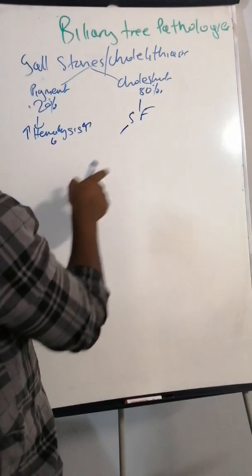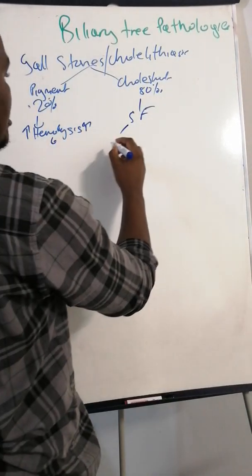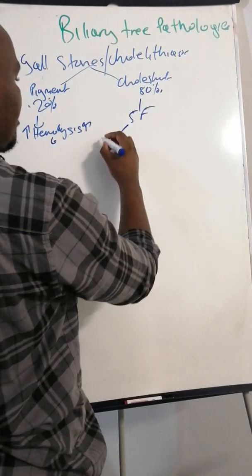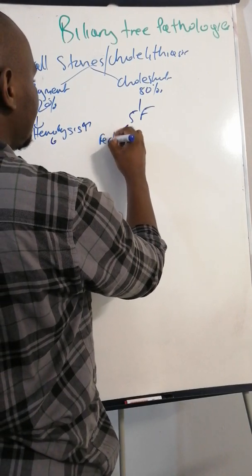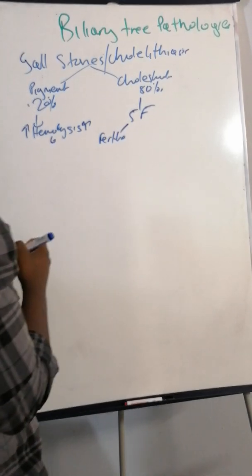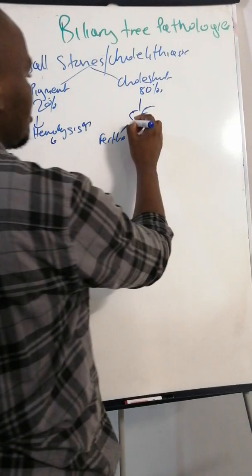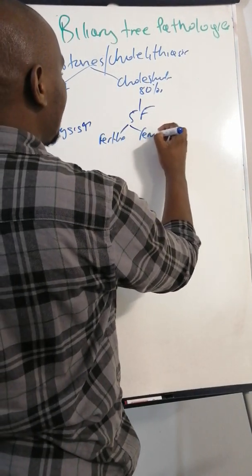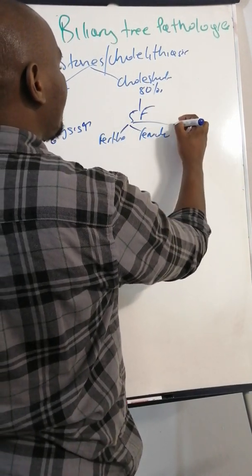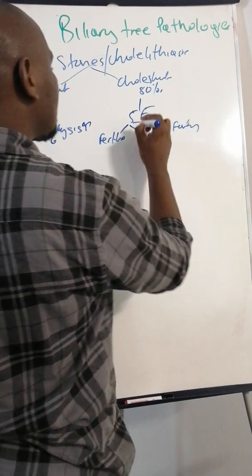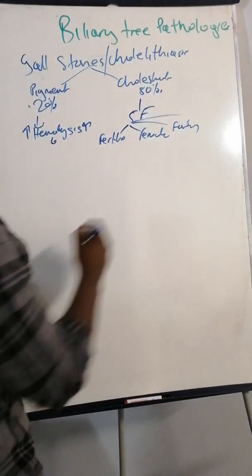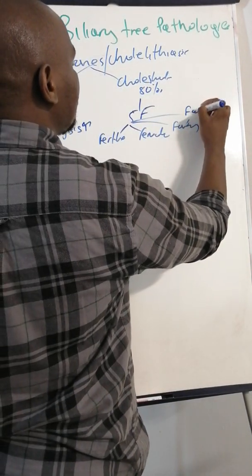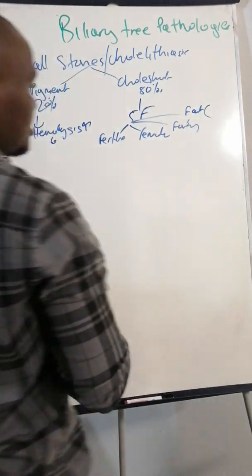So the 5 F's. These are the risk factors of cholesterol stones. The first F is fertile, meaning when you're in your reproductive years, you are female and fertile, you are 40 and above, you are, sorry to say this, but you are fat, which is obesity.